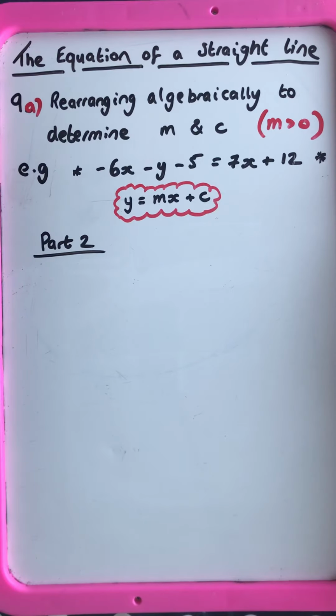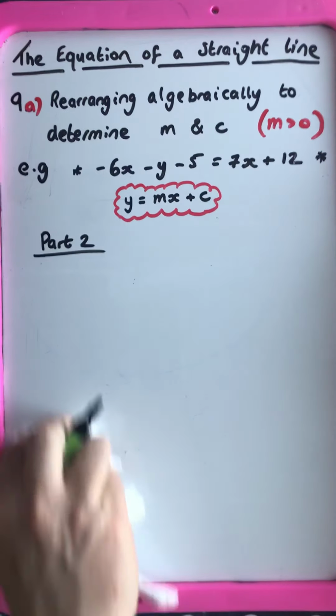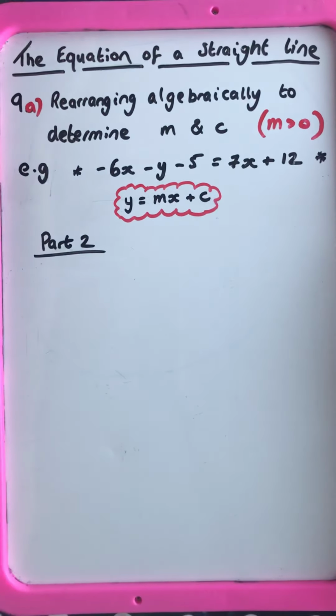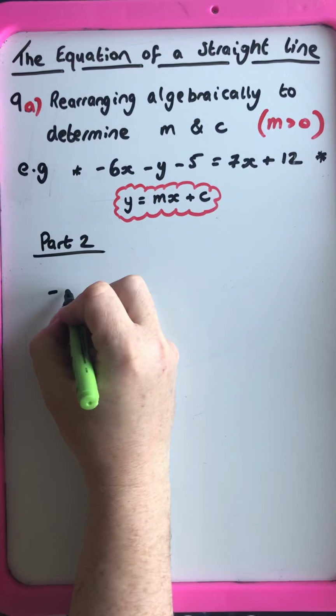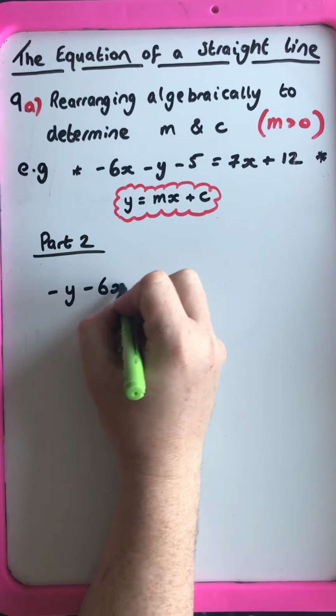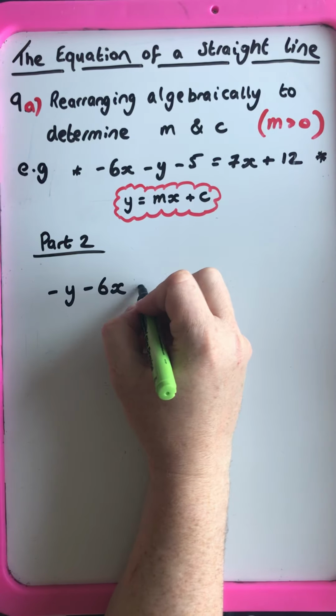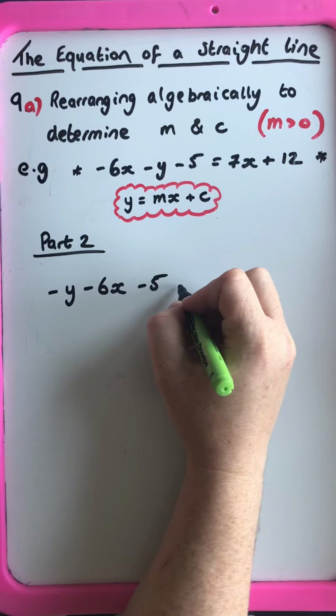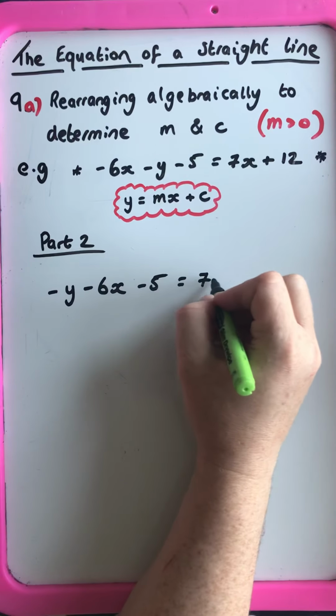Okay, let's look at these last two. I'm going to totally change it up here. And let's look at this one. Minus y minus 6x minus 5 equals 7x.